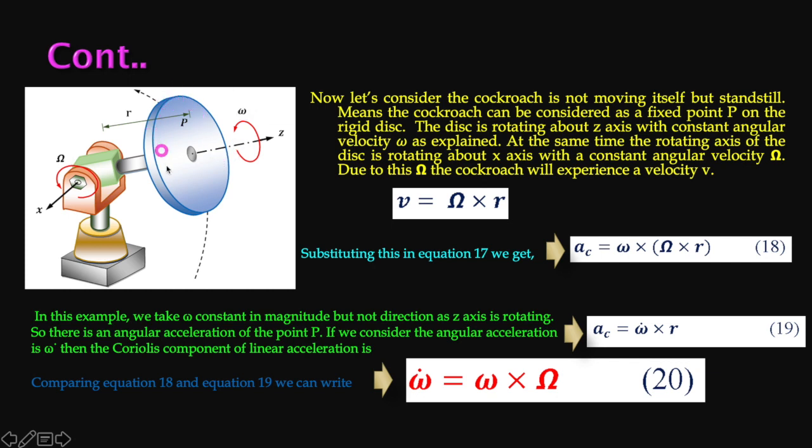One is this rotation omega, another is this rotation omega. If it is so, then omega dot equals omega cross omega. To solve different types of angular motion, we need to take the help of this type of equation.